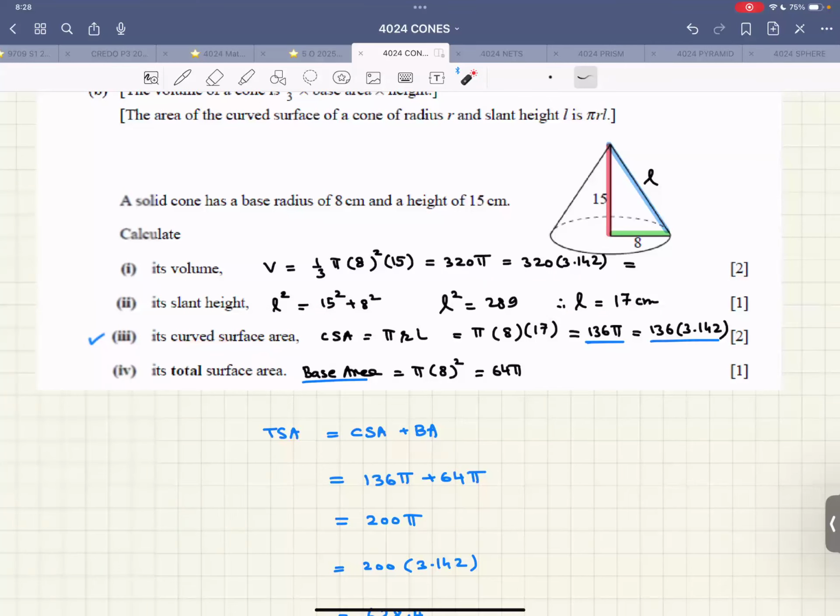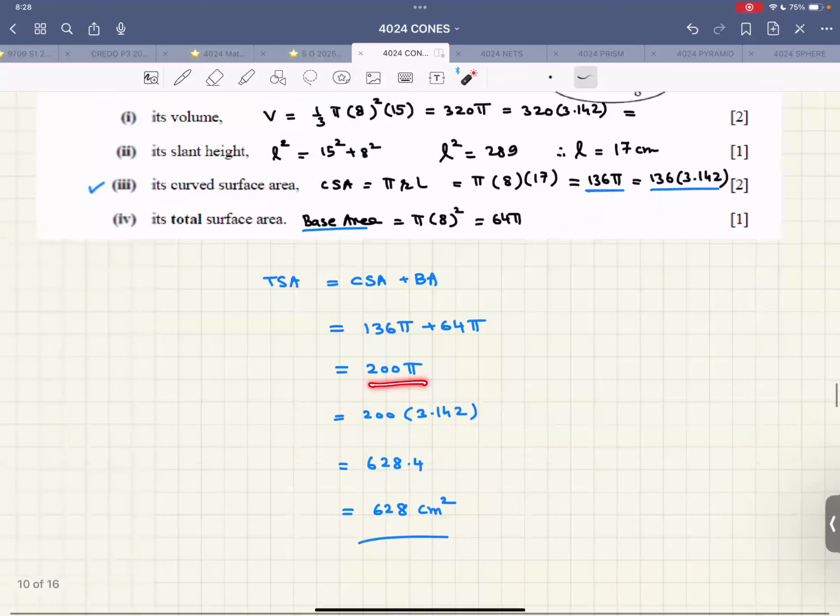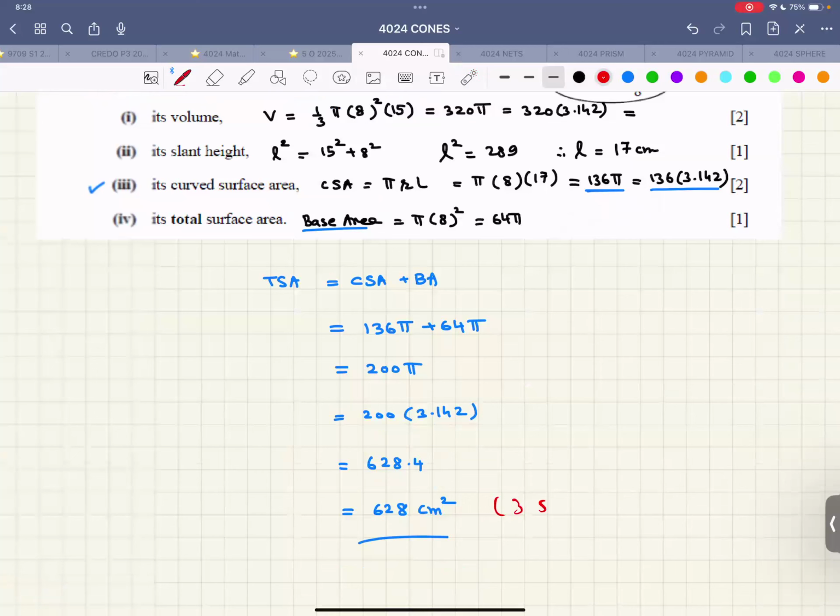Curved surface area, that's pi r l, that is pi into 8 into 17. Total surface area, that's the base area, first add these two, that is what I have done, and then multiply with 3.142 and round it off, correct to 3 significant figures. So I hope this is all good, all clear.